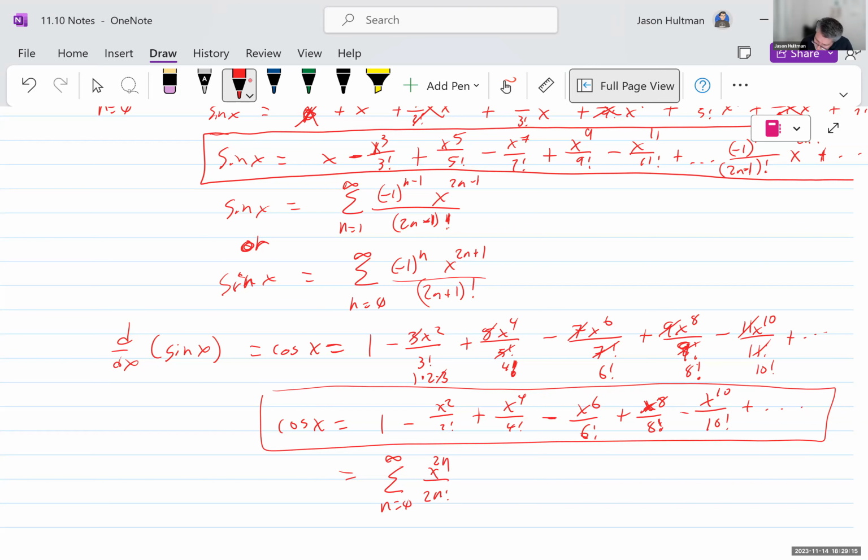And we are alternating every time, right? So how are we going to write the alternating? This was x to the 2n over 2n factorial. What do I want to be here? I want negative 1 to the nth, because I want the first term to be positive. So that's cosine x as well.